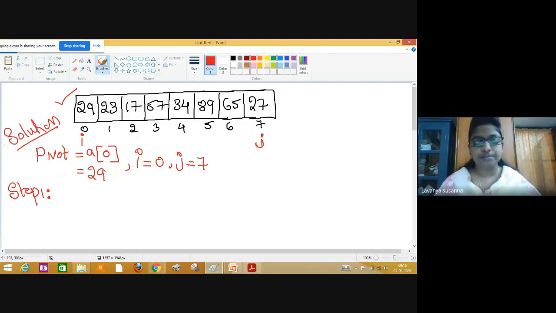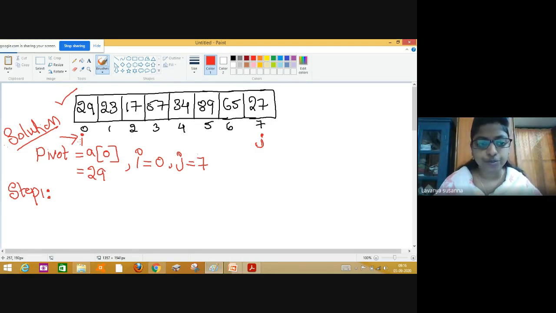First, listen first. Now, what you have to do in step 1 is you need to move this I towards right. That means you need to increment I. I is pointing to 0th index.